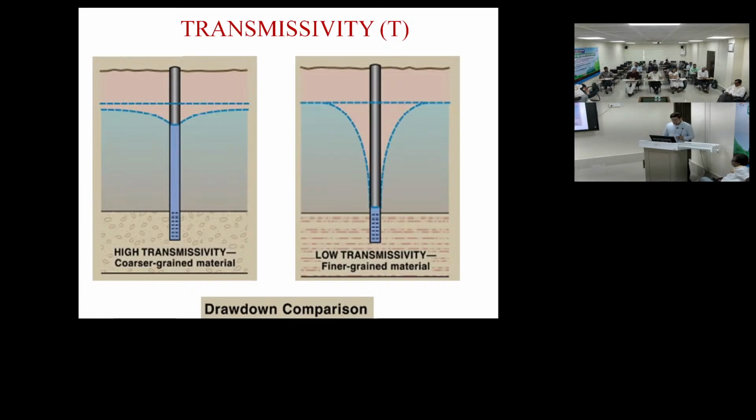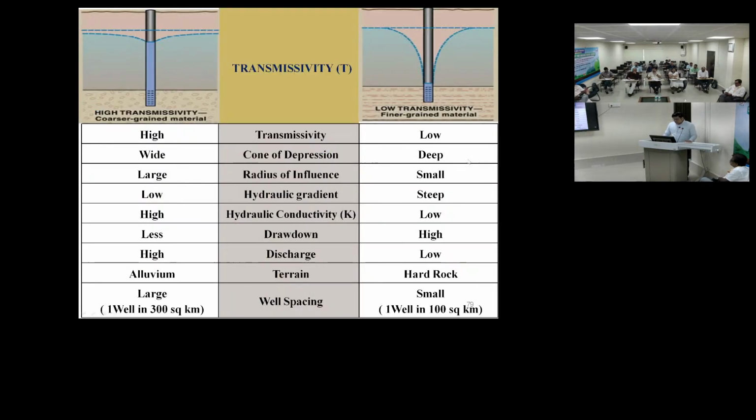So from the transmissivity and drawdown, we can compare how saturated the aquifer is. High transmissivity means a shallow cone of depression; low transmissivity means a deep cone of depression.